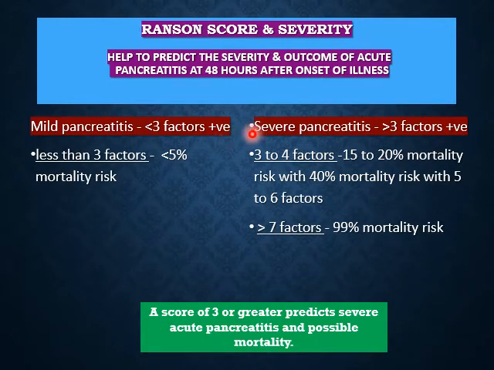In severe pancreatitis, the Ranson score is 3 or more positive. If it is 3 to 4, the mortality rate is 15 to 20%. This risk increases to 40% with 5 to 6 factors. If the positive factors are more than 7, then 99% mortality. So in summary, a score of 3 or greater predicts severe acute pancreatitis and possibly higher mortality.